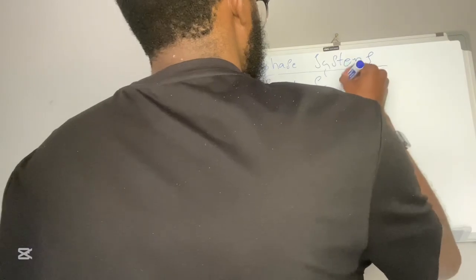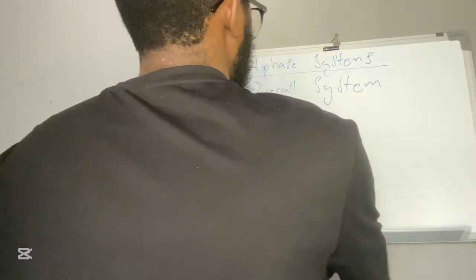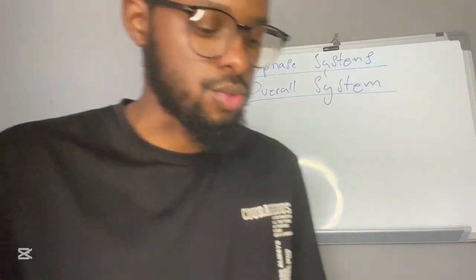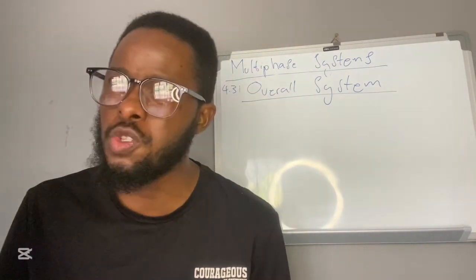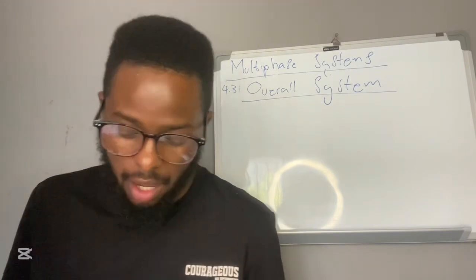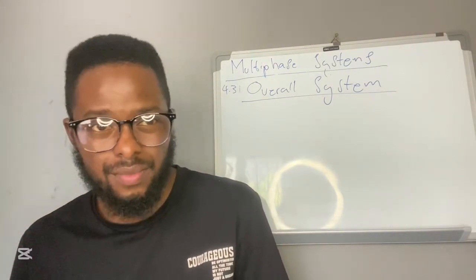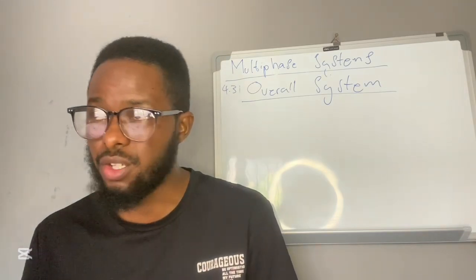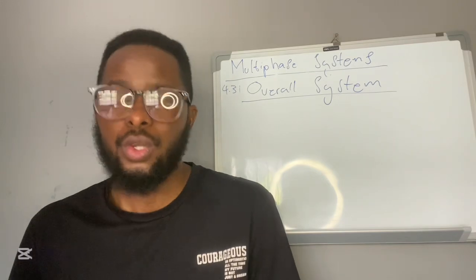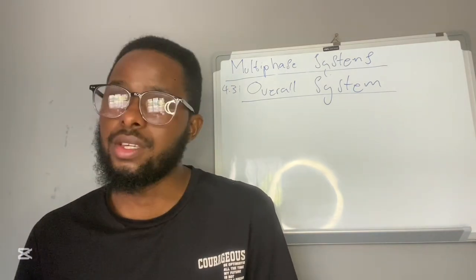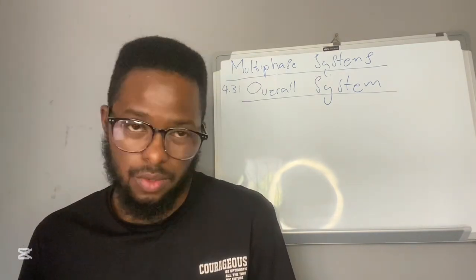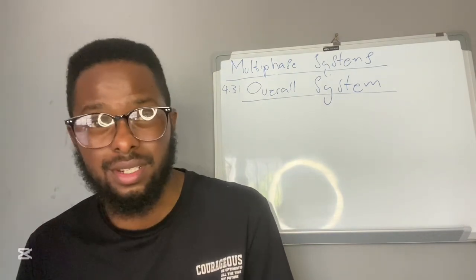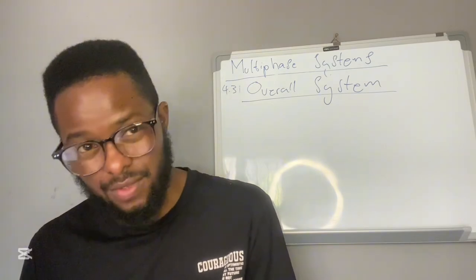We will start with the overall system. I've always told students, students from 2023 I think, the tricks you need to use when you do this analysis: you do not always have to start with the unknowns.